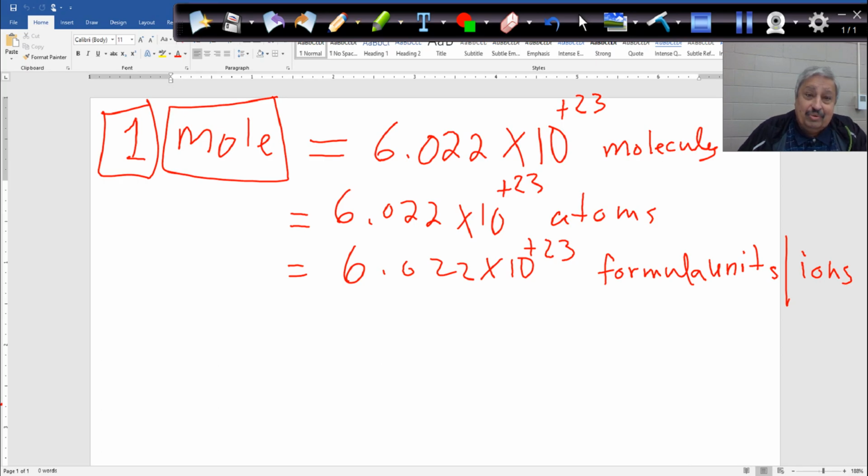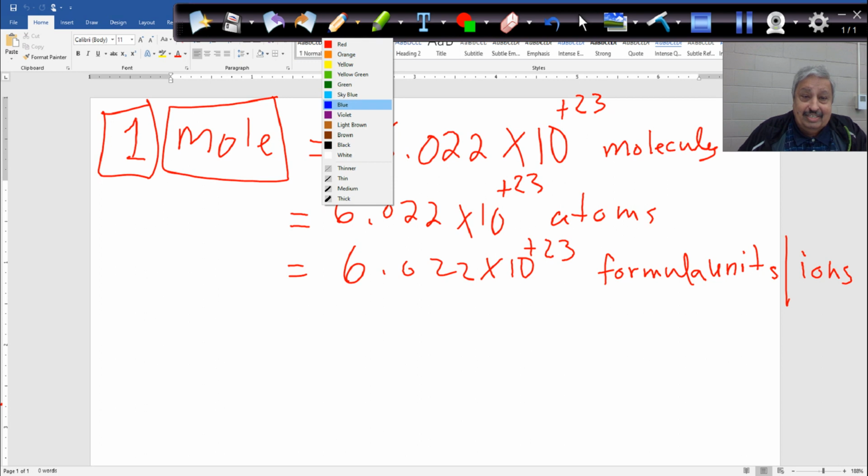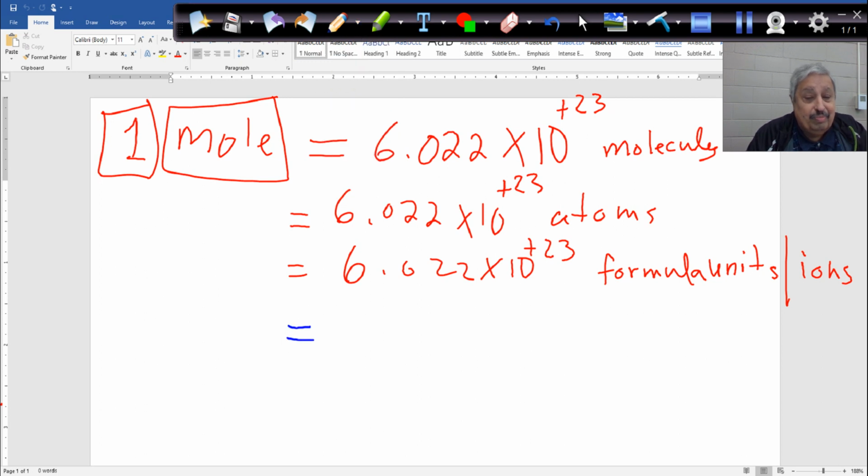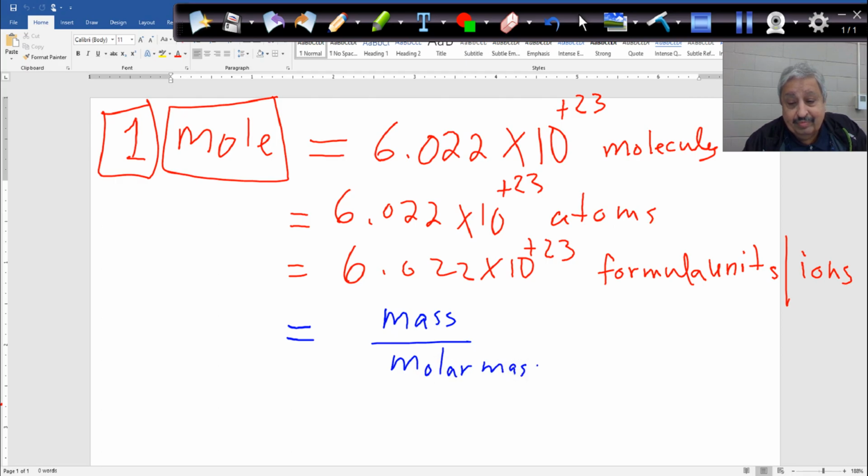So now we had this relationship, we extend this relationship. We say 1 mole by definition is a ratio between mass and molar mass. The mass does not change.